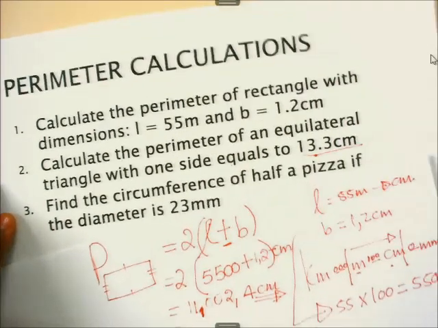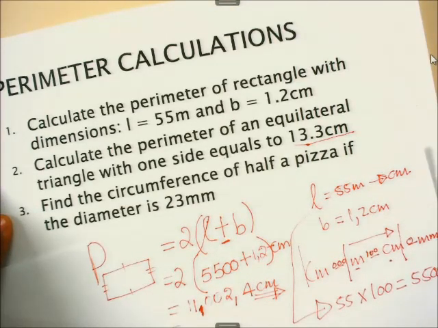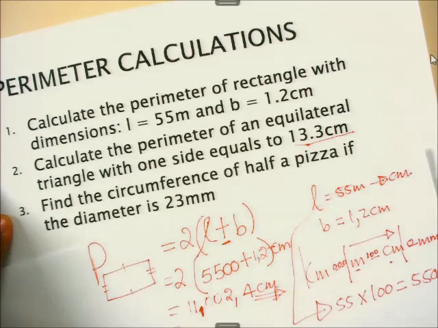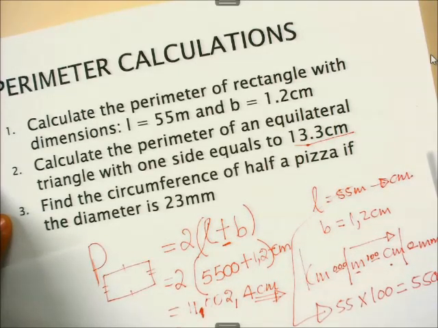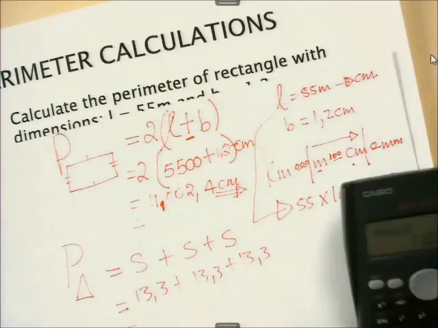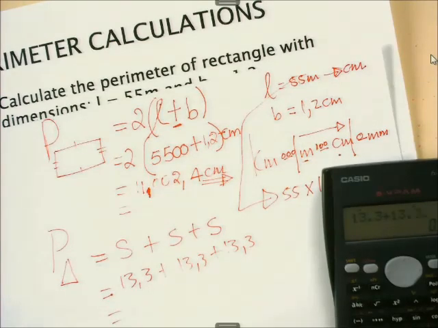They say here with one side equal to 13,3 centimeters. We have now 13,3 centimeters plus 13,3 centimeters plus 13,3 centimeters. When you go straight to a calculator, you will have 13,3 plus 13,3 plus 13,3.